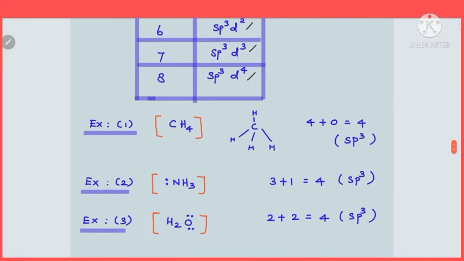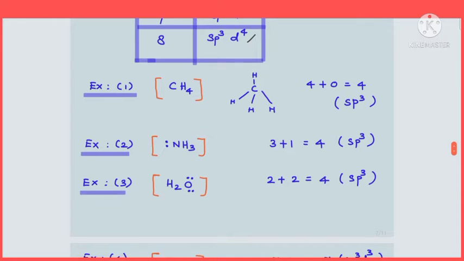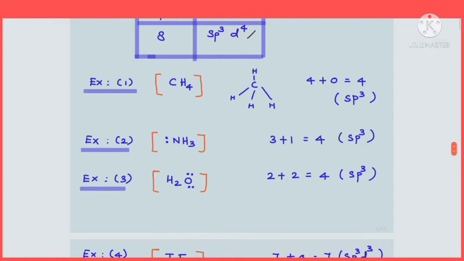The first example is the molecule CH4. Here the central atom is carbon, because it is located at the center of the geometry and it is surrounded by 4 hydrogens. The number of atoms attached to the central atom is 4: 1, 2, 3, 4.